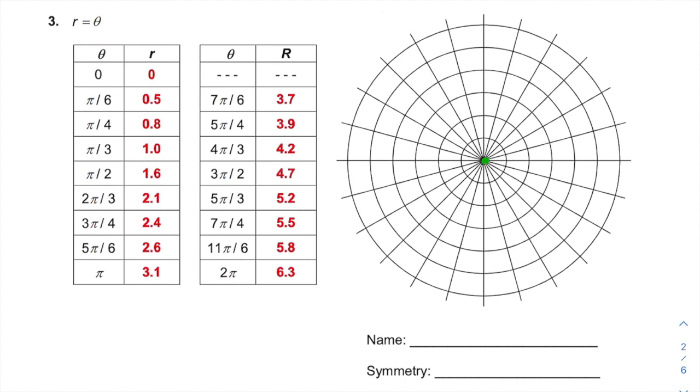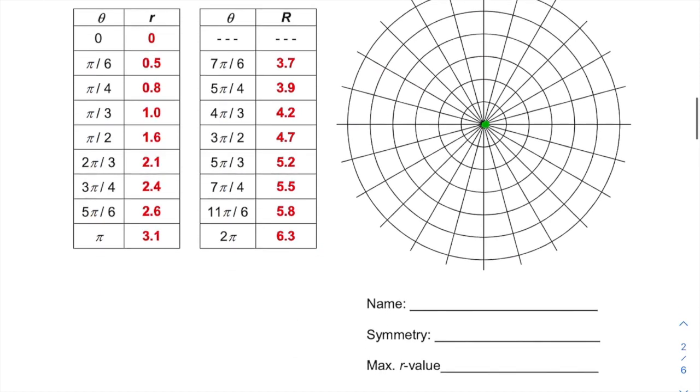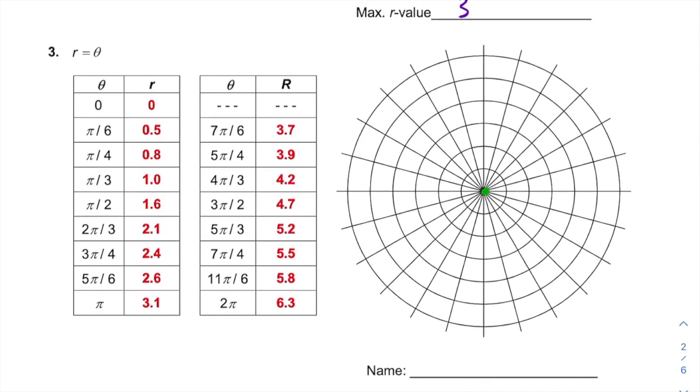Next up, pi over 6. The decimal approximation of pi over 6 is going to be 0.5. So we will go to pi over 6 and put 0.5 on there. All right, pi over 4 is 0.8. And then pi over 3 is about 1.